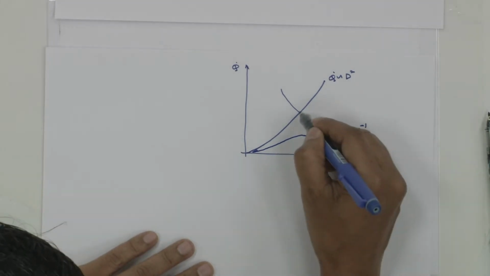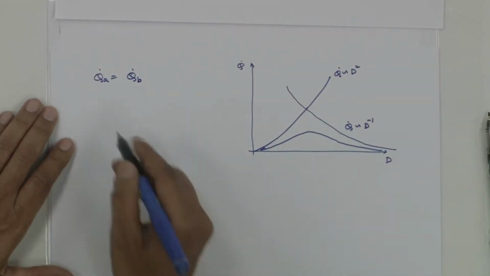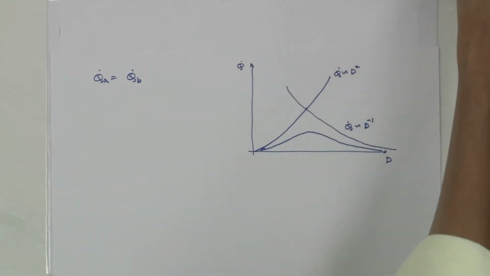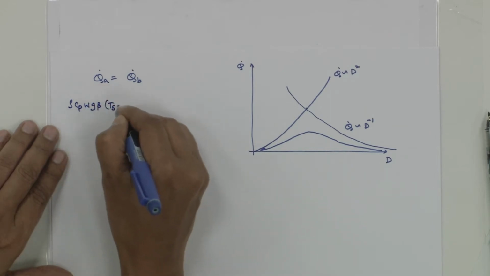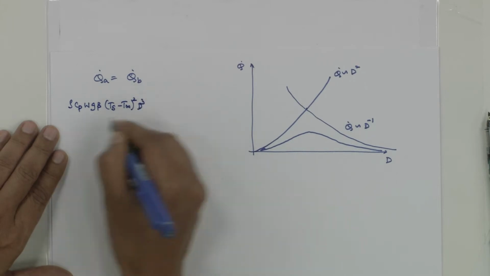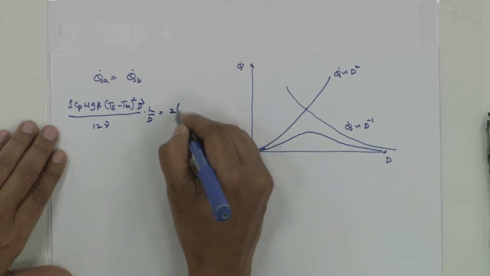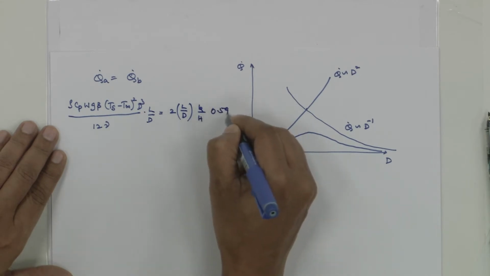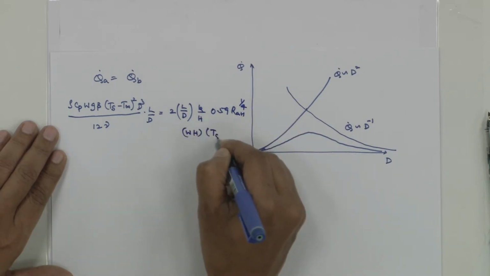The point at which both intersect, Q dot A has to be equal to Q dot B. So if I equate them, Q dot A is rho Cp W g beta (Ts minus T infinity) whole square d cube upon 12 nu into L by D, is equal to 2 into L by D into K by H into 0.59 Rayleigh number to the power of 1 by 4 into W into H into (Ts minus T infinity).